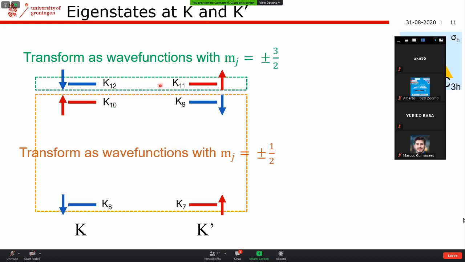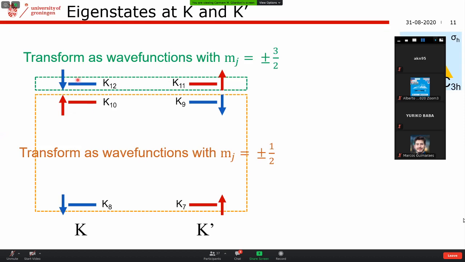And what I want you to notice, although I have written down all the irreps explicitly, the only thing you need to remember is that these states that I circled in green transform as states with total angular momentum plus or minus 3/2, whereas the states that I circled in orange transform as wave functions with angular momentum plus and minus 1/2. So this gives us now all the symmetries that we need to figure out the selection rules.